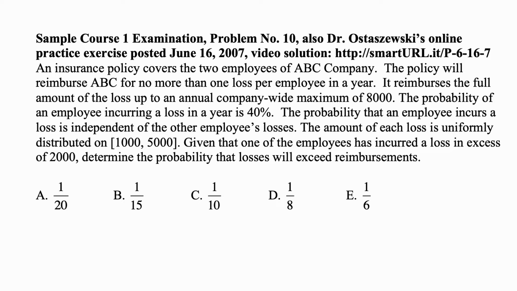The probability that an employee incurs a loss is independent of the other employees' losses. The amount of each loss is uniformly distributed on the interval from 1,000 to 5,000. Given that one of the employees has incurred a loss in excess of 2,000, determine the probability that losses will exceed reimbursements.